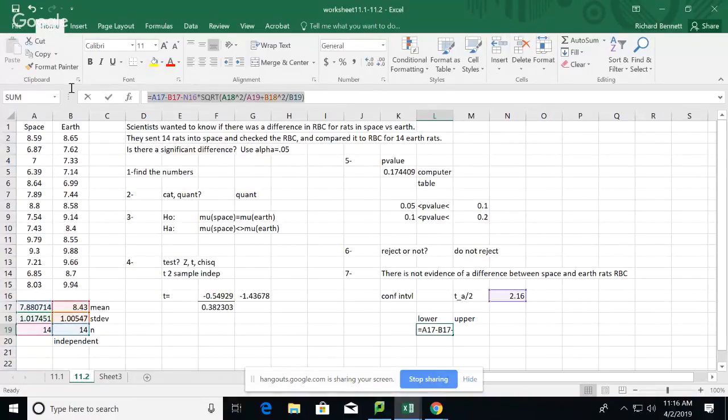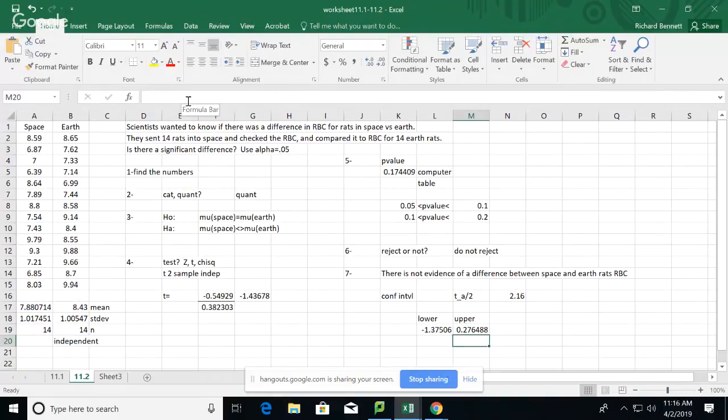So I get, change that to a plus, negative 0.1375 to positive 0.0276.